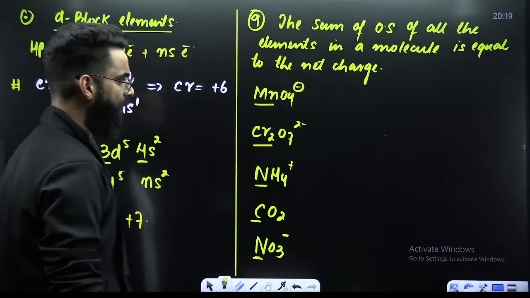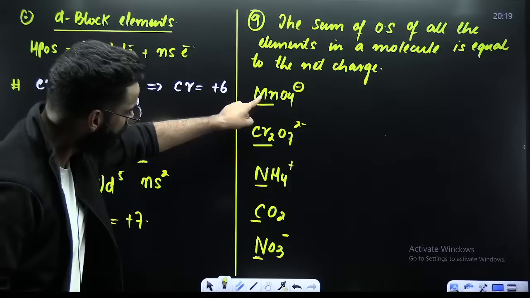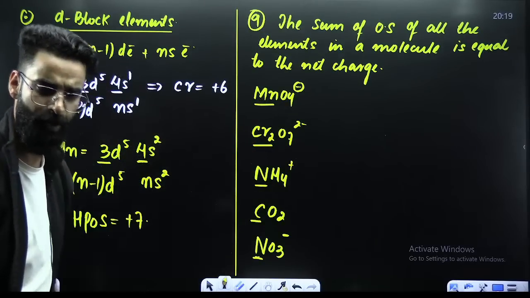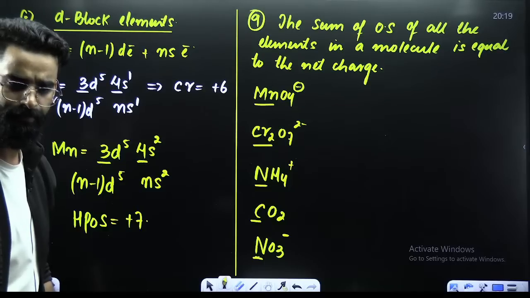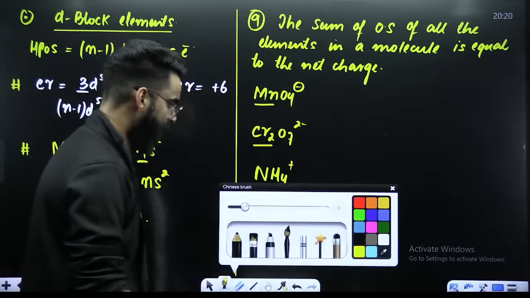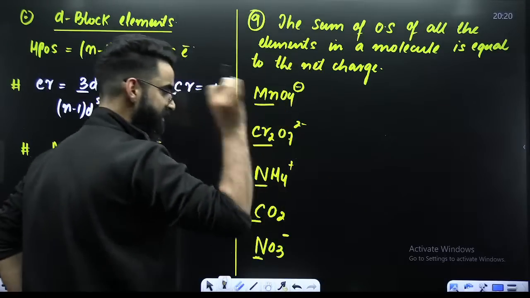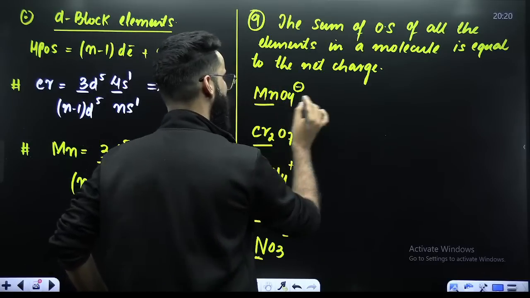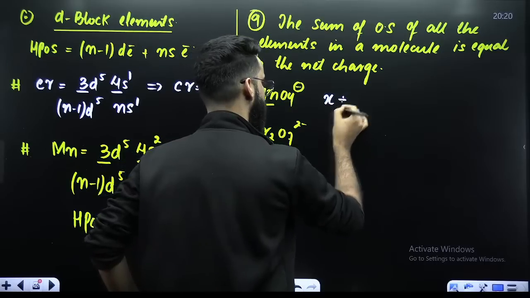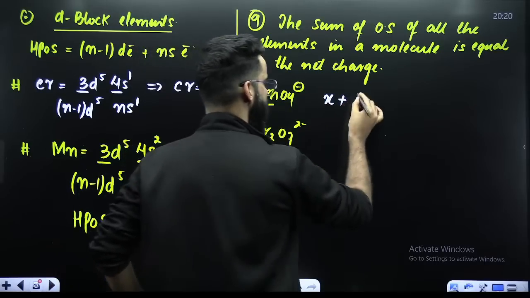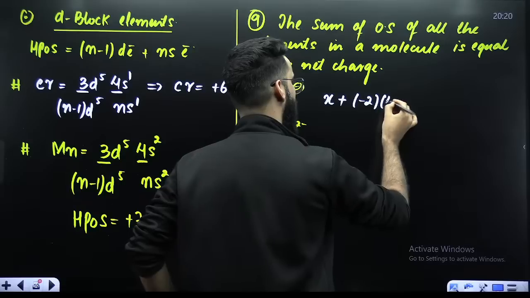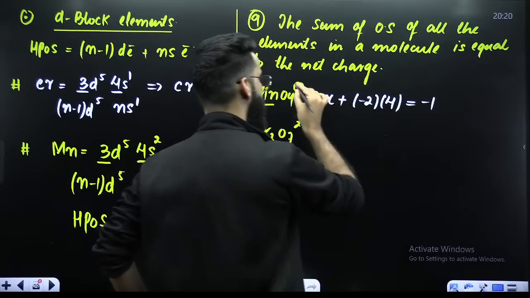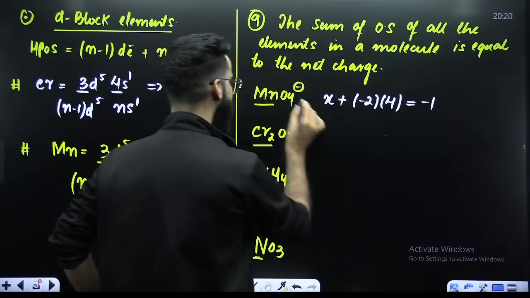If I ask you to calculate the oxidation states of all these elements over here, how do you do that? First of all, let me assume that the oxidation state of manganese here is X. Oxygen generally shows -2. How many oxygen atoms? 4 atoms. Net charge -1. When you solve this equation, get the value of X.